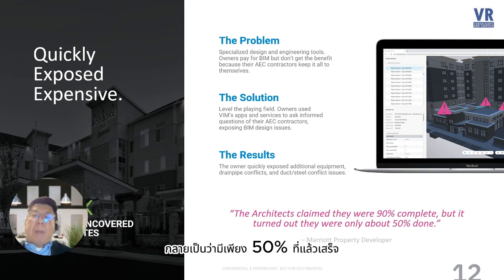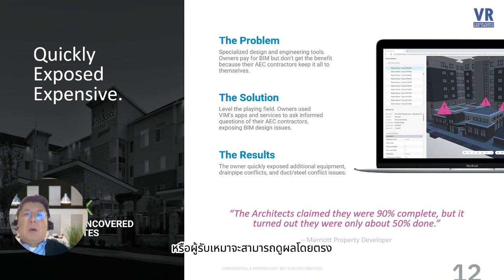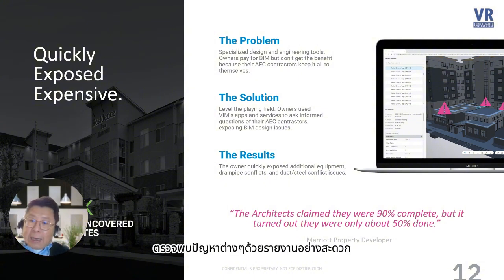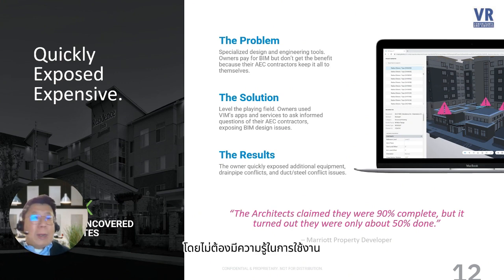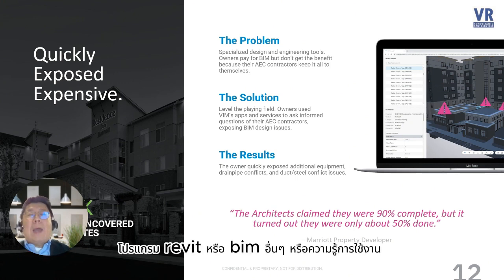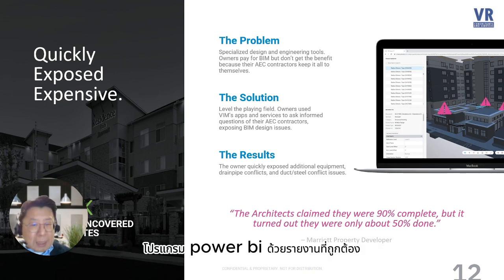So by using the Power BI reports, the owner, developers or general contractors can very straightforwardly just look at the report, get the information correctly and uncover all the issues in a simple report, without knowing how to use Revit or any BIM application or any Power BI applications.